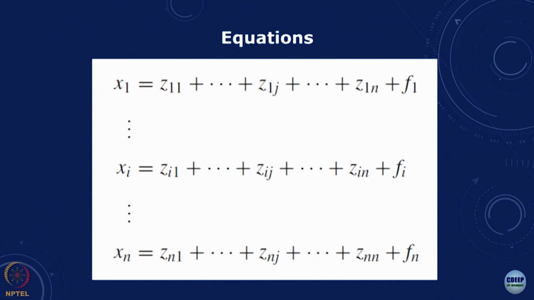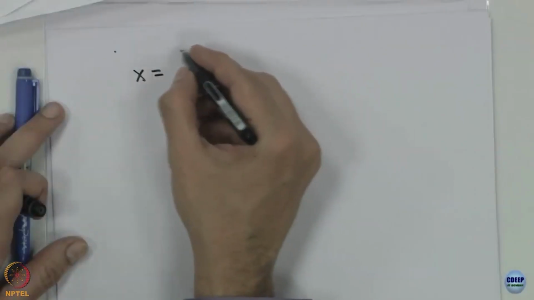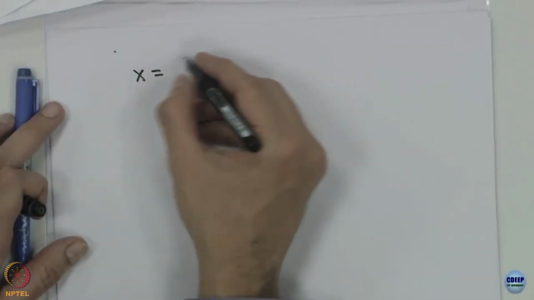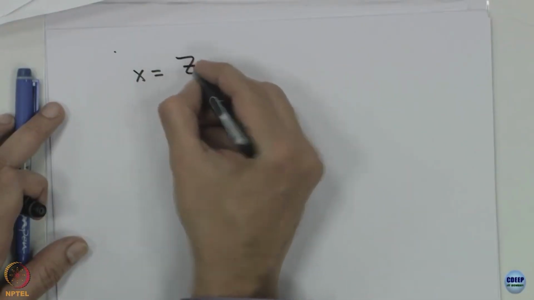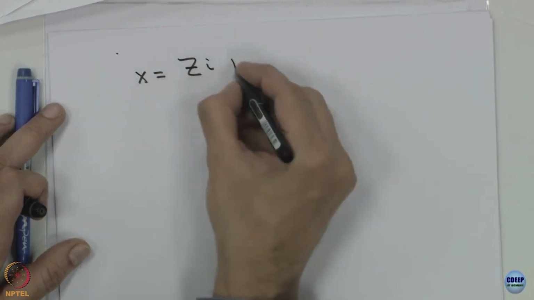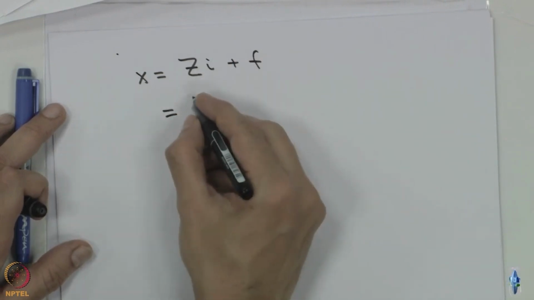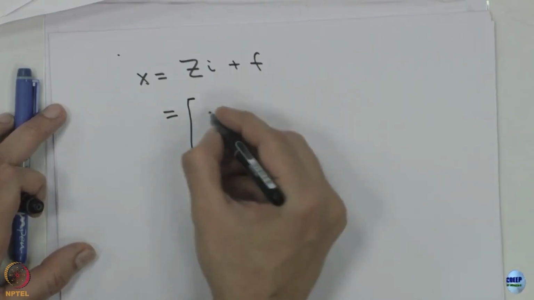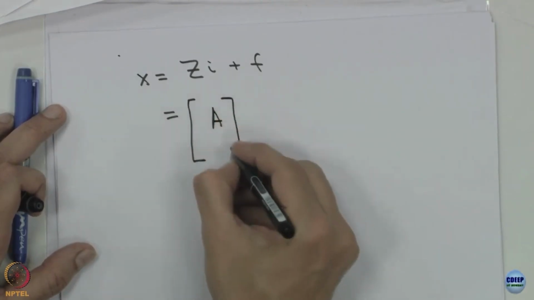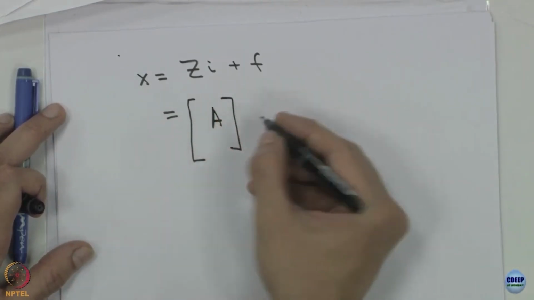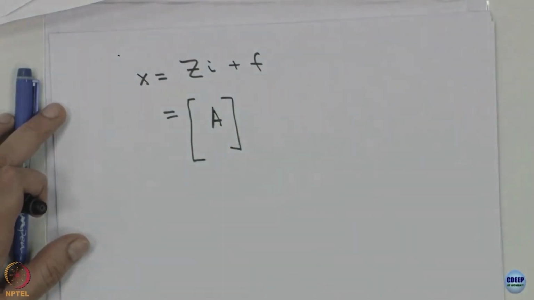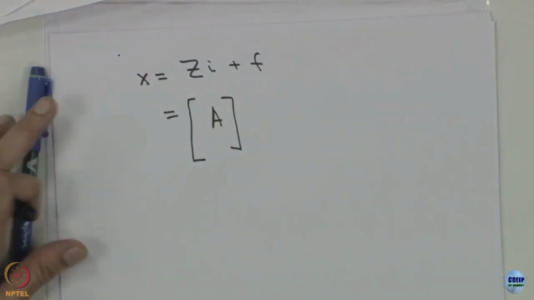So, we are going to have x is equal to zi plus f, and this is going to be nothing but a into x.